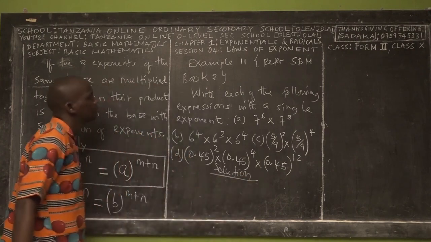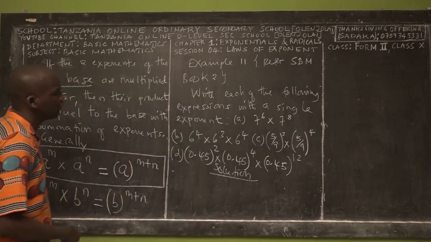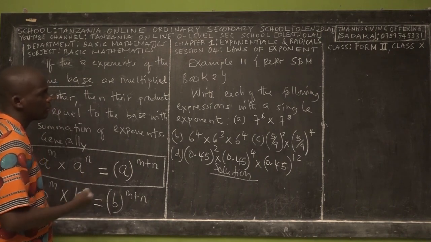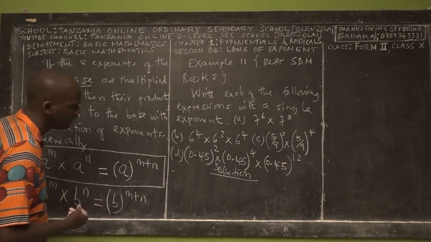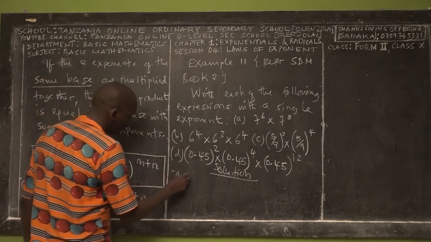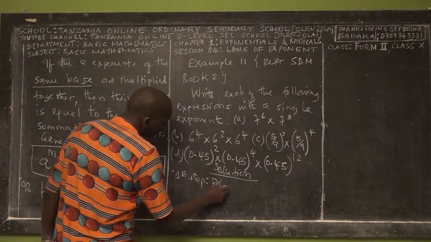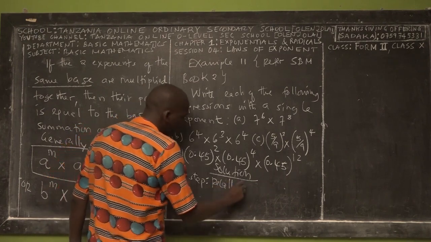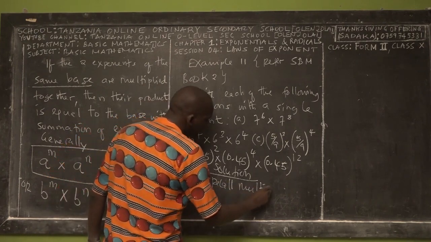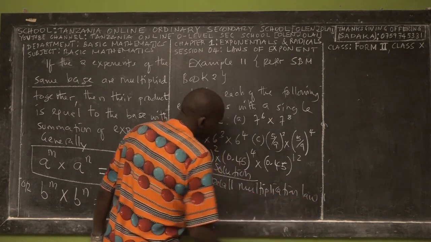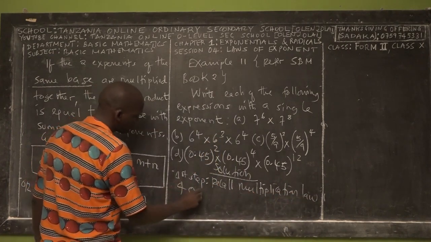Solution. In order to solve all of these questions, example 11 from Roman A to Roman D, we are going to follow a number of steps. The first step we call the multiplication law of exponents.